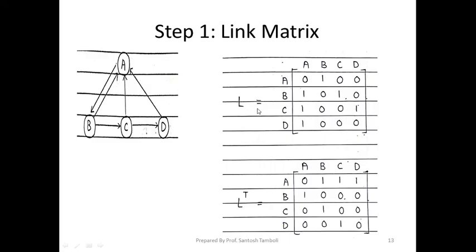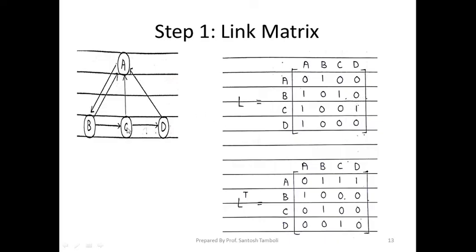Label these rows and columns with the web page names, that is A B C D, and A B C D. From A, there is only an outgoing link towards B, hence the entry is 1. From B, there are 2 outgoing links, B to C and B to A, hence those entries are 1 and other entries are 0.